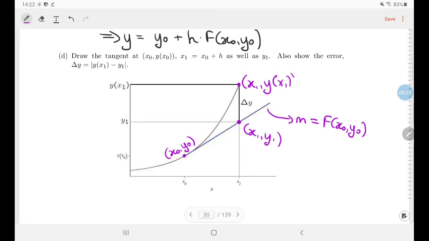And the difference between them, this vertical difference, is the difference between what you're actually looking for, which is y of x1, and your approximation. So that's all that's going on there.